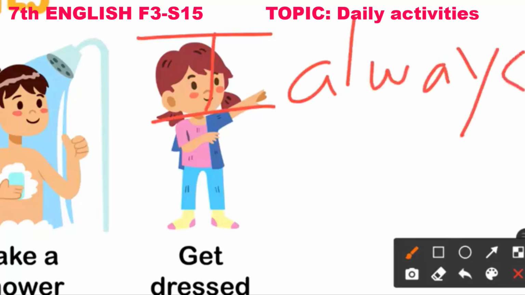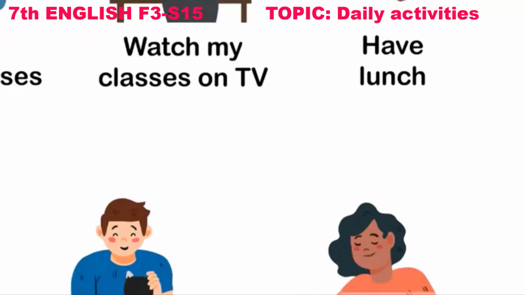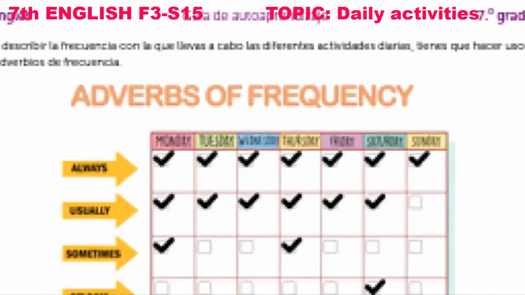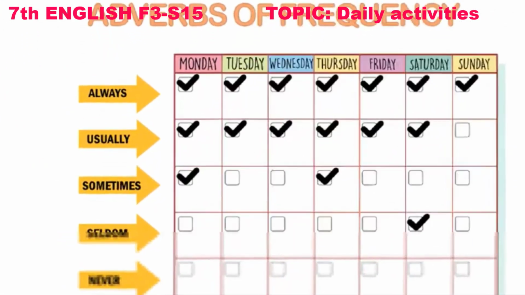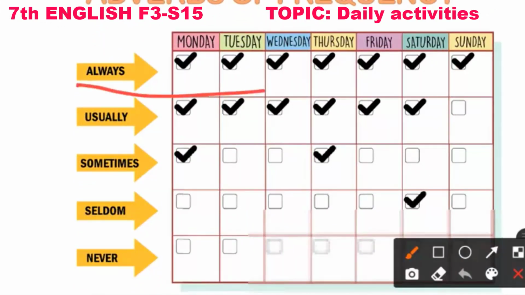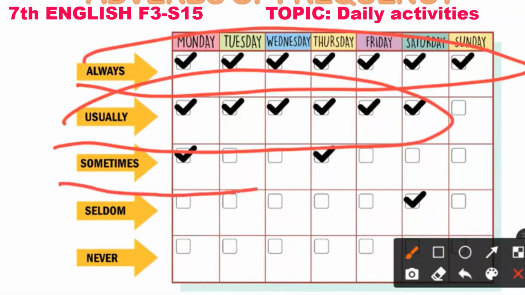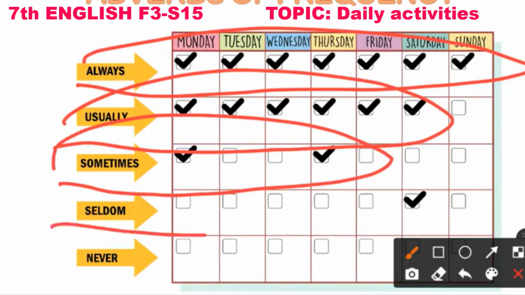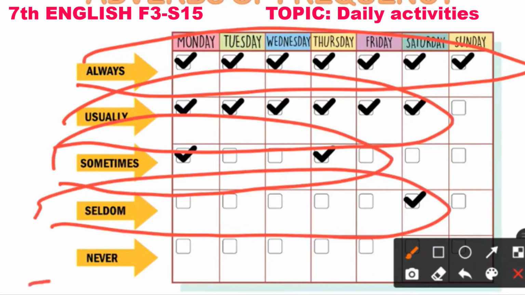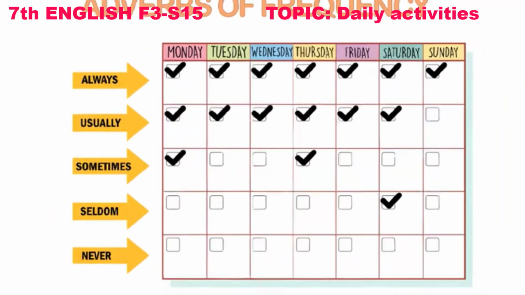Okay, so those are frequency adverbs, adverbios de frecuencia, que nos indican la frecuencia en la que haces actividades. Por eso es que always está todos los días, usually, usualmente, sometimes, de vez en cuando, seldom, pocas veces, y never, nunca, okay? So these are frequency adverbs.